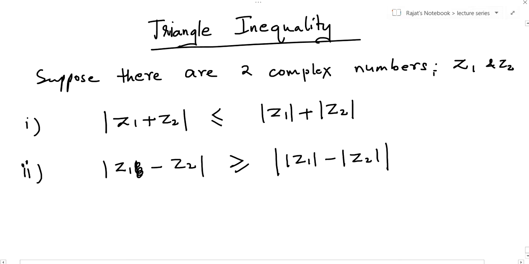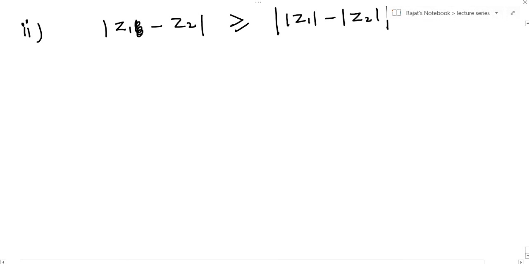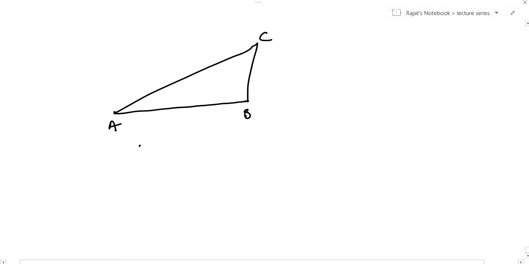First of all, let me come to triangles. You might have read in junior classes, if there is any triangle ABC, it need not be isosceles or acute angle triangle, it can be any triangle.